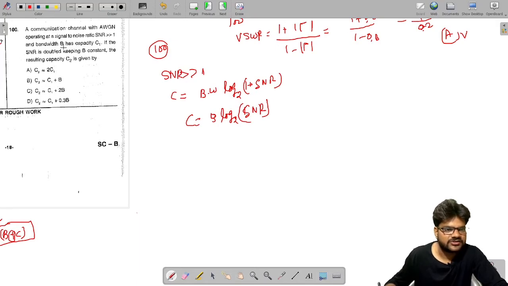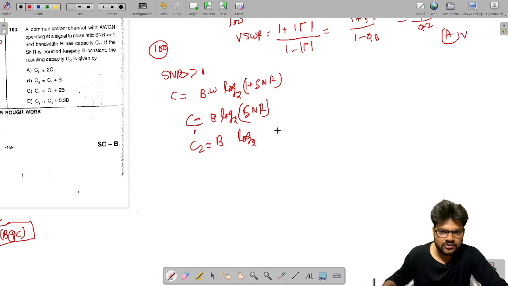Now if this bandwidth is B, then the channel capacity is C. So let us call it C1. This is C1 if bandwidth is B. Now what we are asked, if the SNR is doubled keeping B constant, so C2 will be keeping B constant and SNR is doubled. So this is log 2, this time it is 2 SNR.